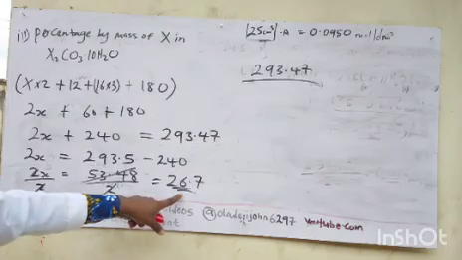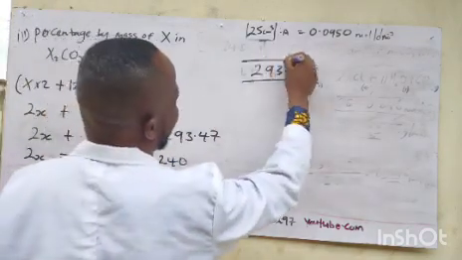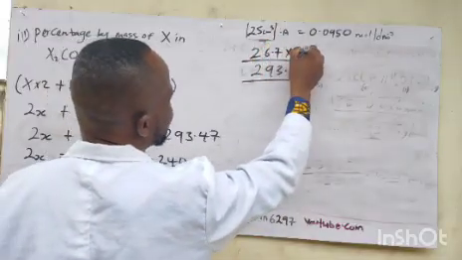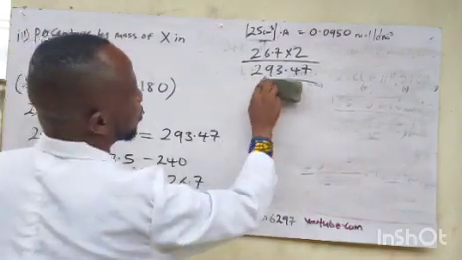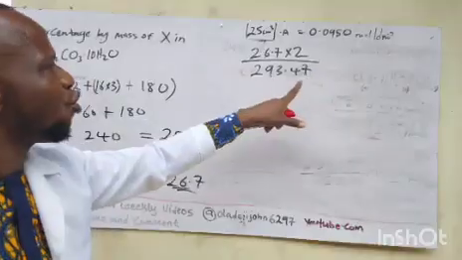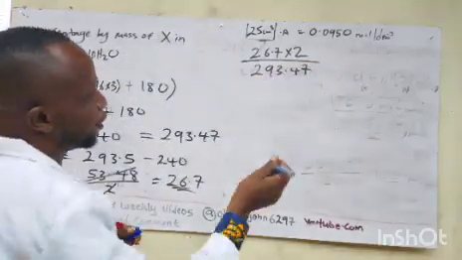So X is this times 2, that is 26.7 times 2 over the overall molar mass that we got earlier. Are you following?